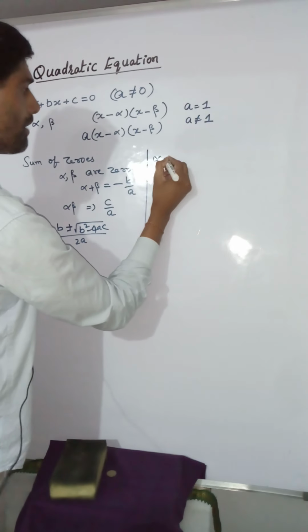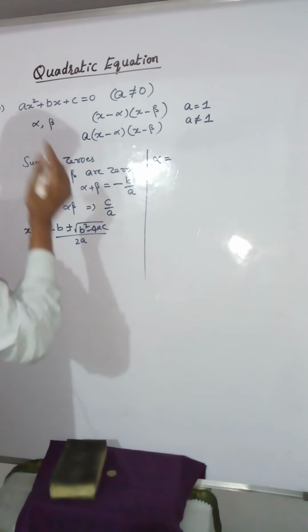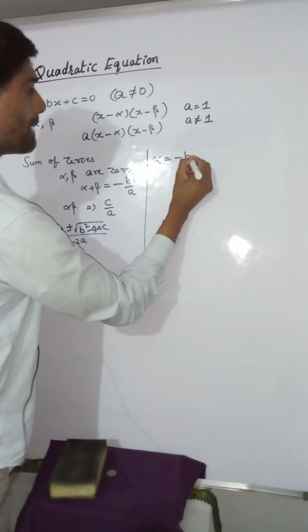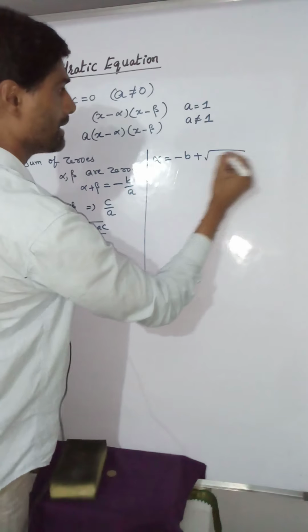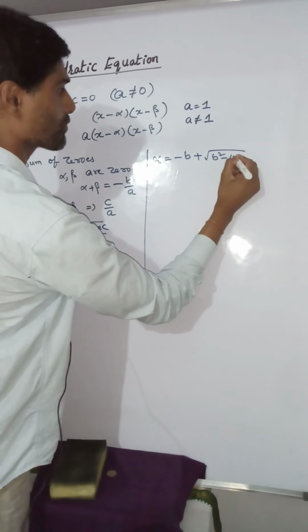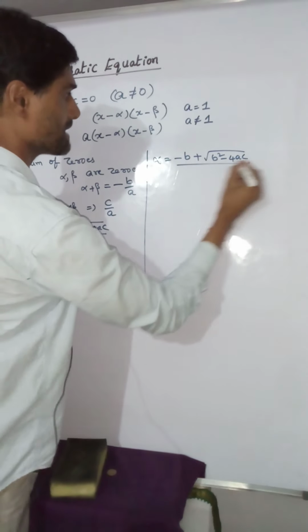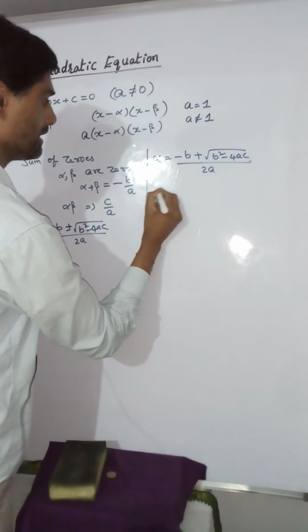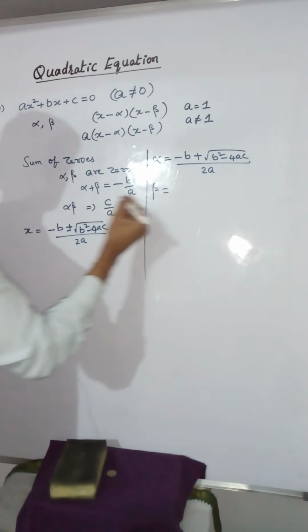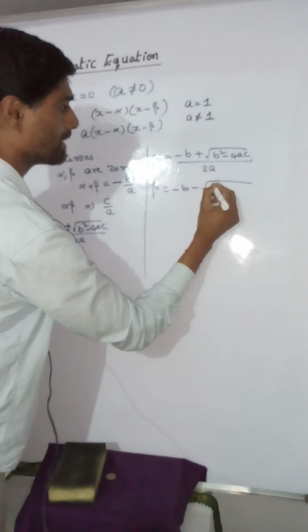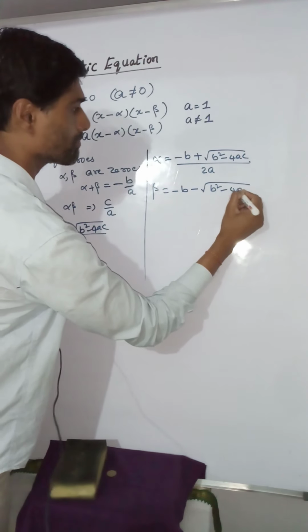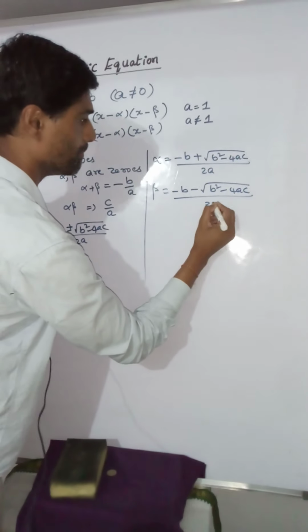So alpha is equal to minus b plus under root of b square minus 4ac by 2a, the first priority being given to the plus. And the second is the negative value, that is equal to minus b minus under root of b square minus 4ac by 2a.